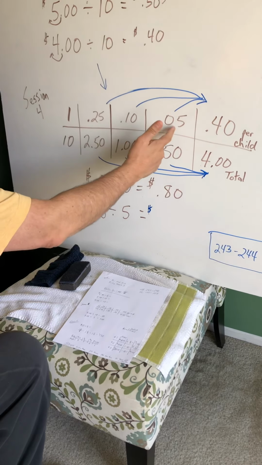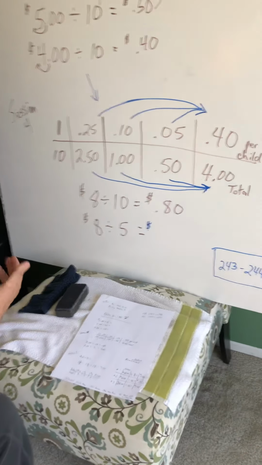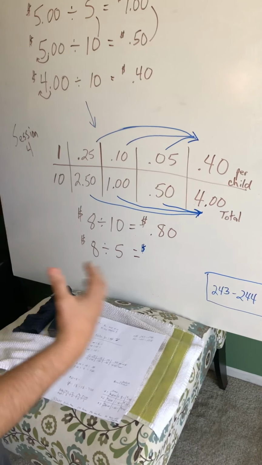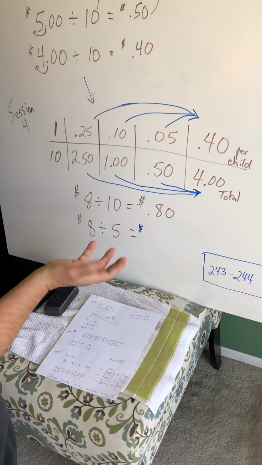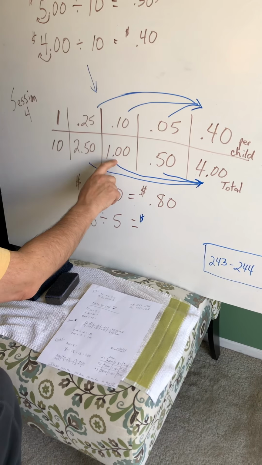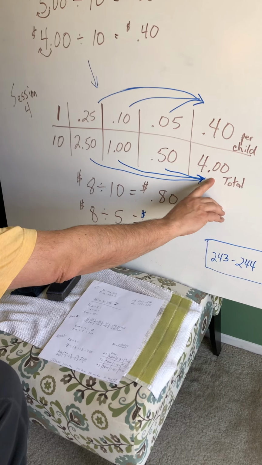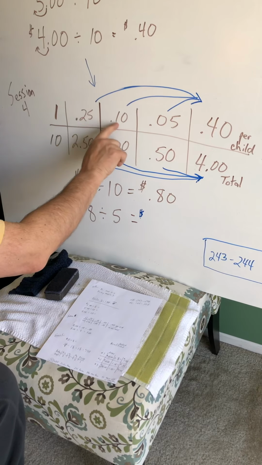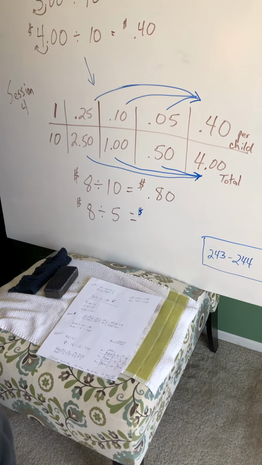What if we had a nickel times 10, 50 cents? Well, look what happened. Remember our ratio tables, how they can help us pull things together? Remember, it's the $4. Here's $2.50 plus $1 is $3.50, plus 50 cents. There's your $4. So all of these added up must be what you get per child.